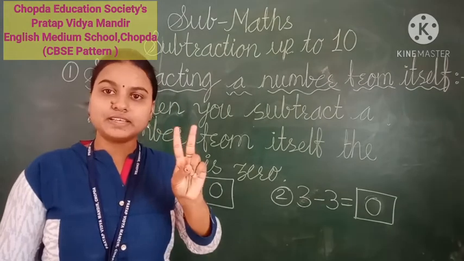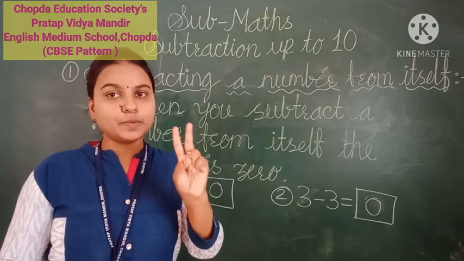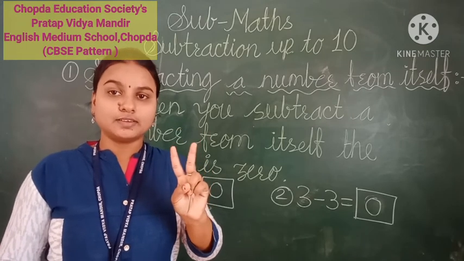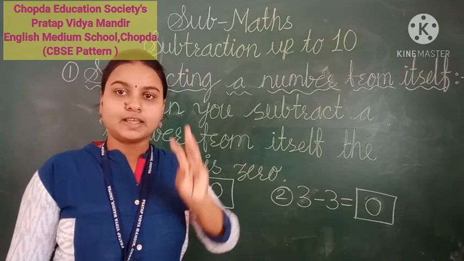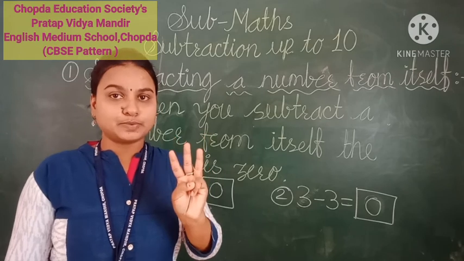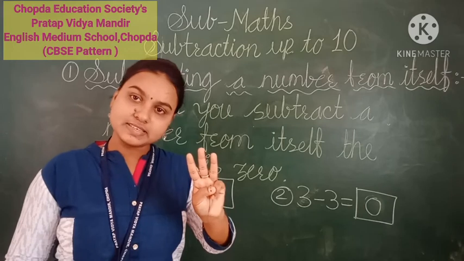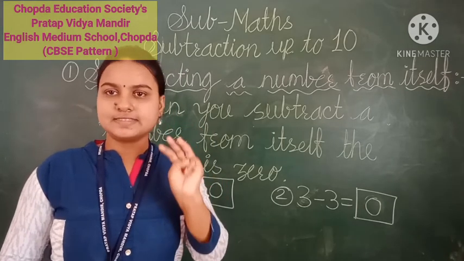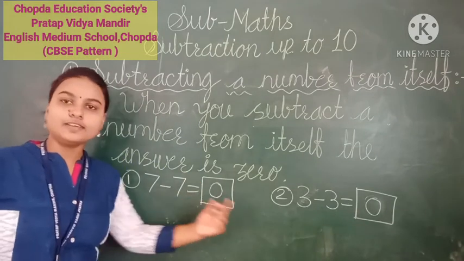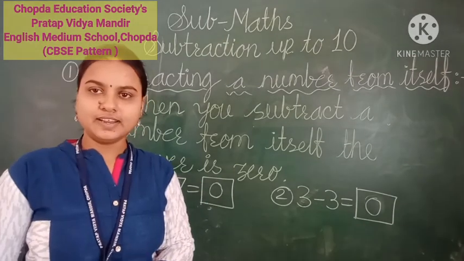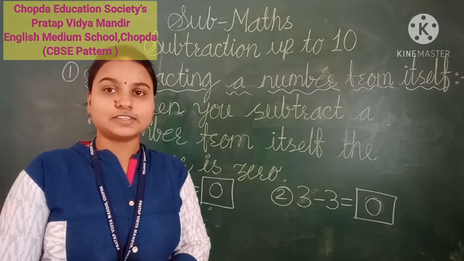The second property is subtracting 1: when we subtract 1 from any number, the answer is the number before. The third property is subtracting a number from itself: the answer is 0. These three properties are useful for subtraction. I hope you understand these properties and can solve the examples.